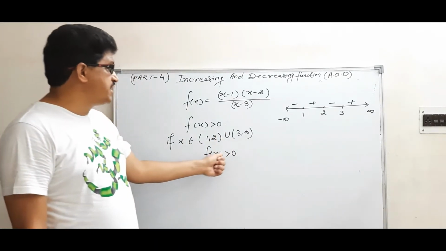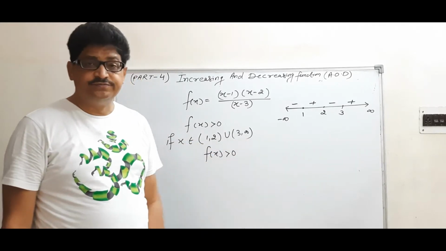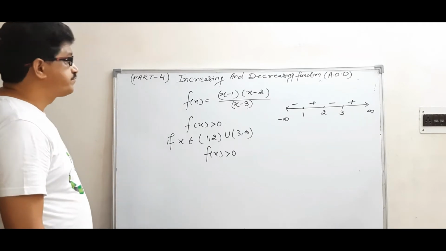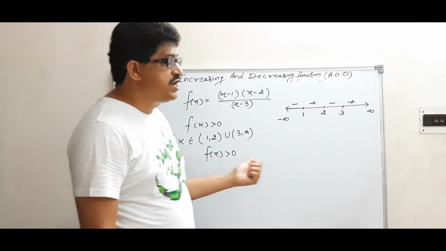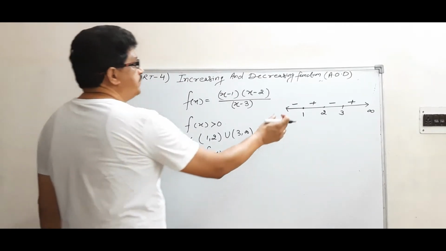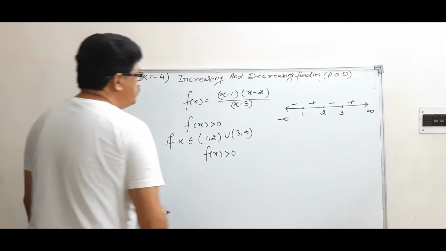If f(x) is greater than 0, we can say these are the intervals. The same way, if you want to find out when it is decreasing, the negative intervals are these two.